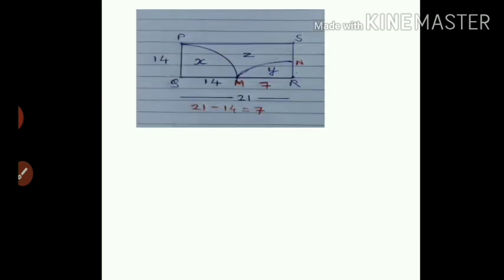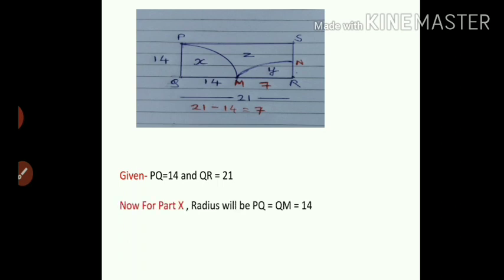Now what we will do, for every sector we will find out the radius. See, I have explained it in the diagram. PQ, which was given 14, QM will also be 14. So if you want to find MR, it will be 21 minus 14, 7. For the part X, the radius will be, we know PQ is equal to QM, which is 14.